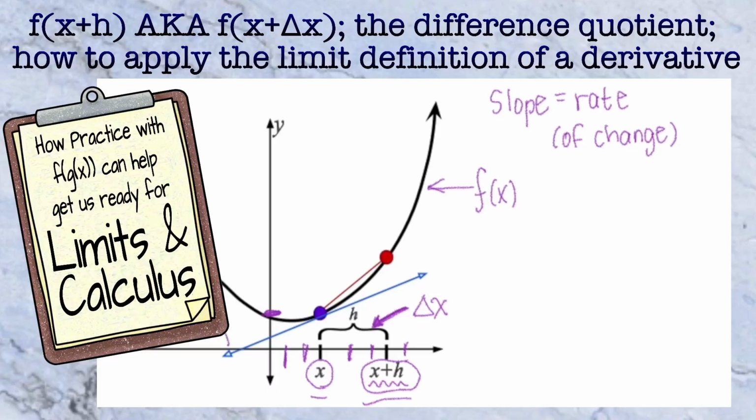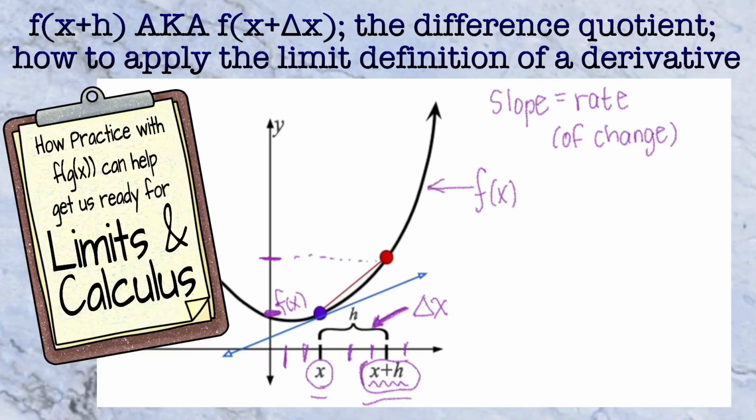Well, that y value would be, that's a little hidden back there. Let's write it somewhere else. That y value we can call then the f of x. It's the function at x. And then what about the y value to go with this red dot?